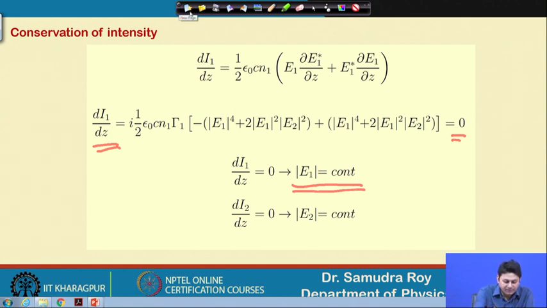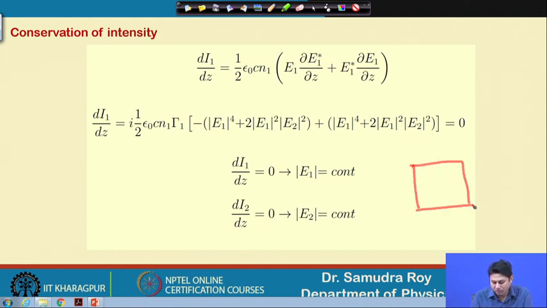So, what is the physical meaning of that? Let us understand once again. We have, say, a block with nonlinearity chi 3. I am launching an electric field E1, and I am launching another electric field E2. E1 contains a frequency component, say omega 1, and E2 contains a frequency component, say omega 2.